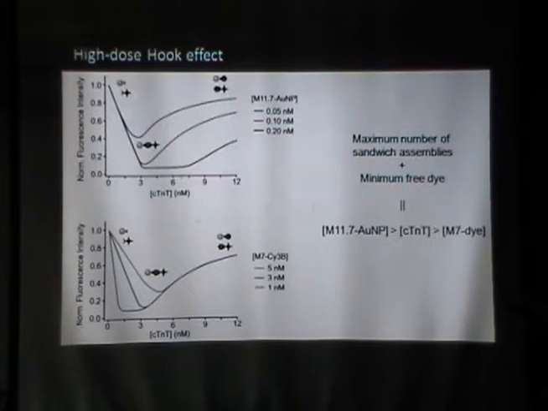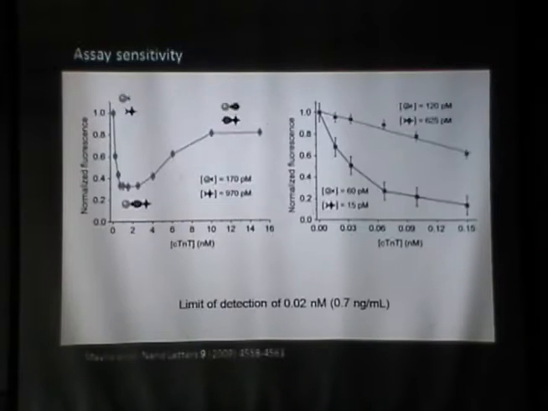But the advantage is that if you adjust the concentration of particle and fluorophore, you can produce a sensor that is less sensitive but has a large dynamic range, or a sensor that is more sensitive with a smaller dynamic range, depending on the application that you want. And these are the real measurements, and you see it works, and we reach limits of detection that are quite nice for the people that work in diagnosis.